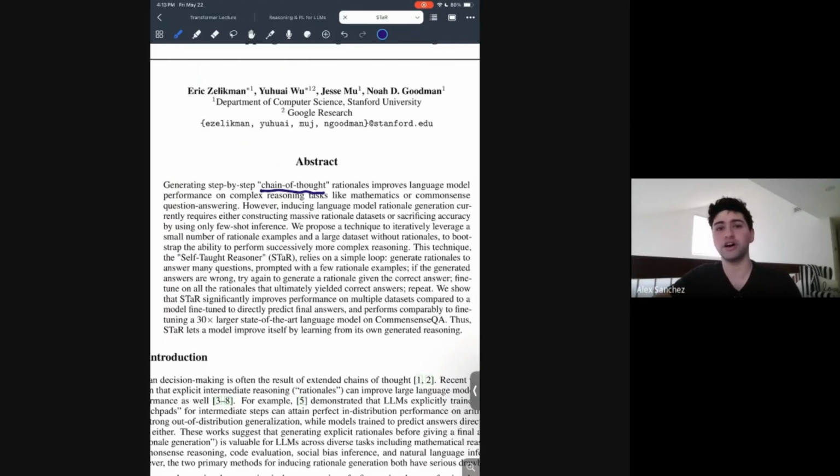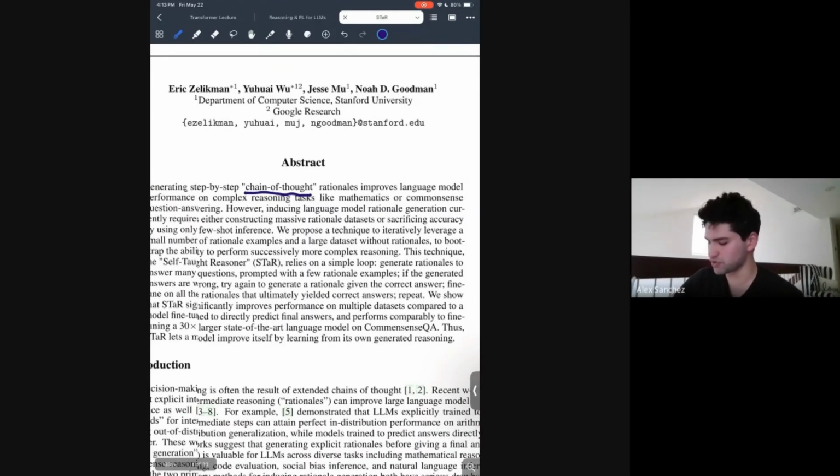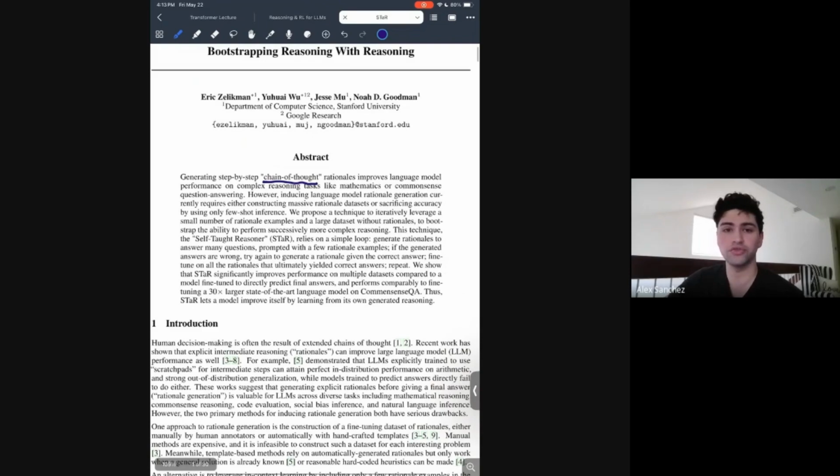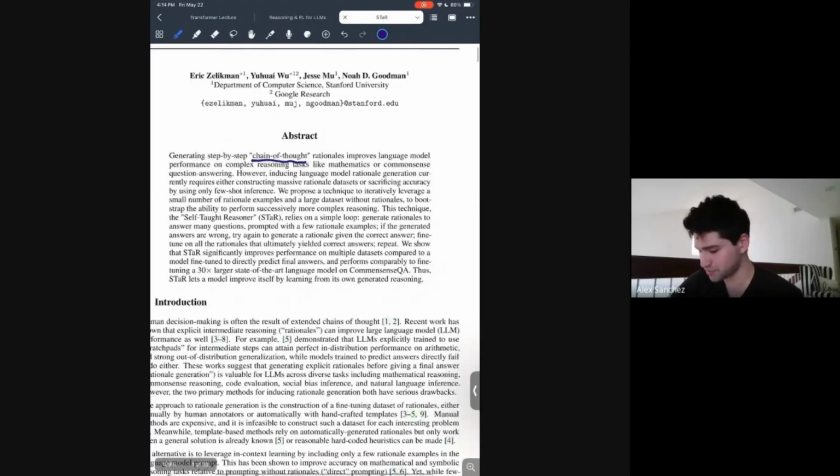It's not trained on that chain of thought reasoning, it is just in a conversation. This paper tries to find a way to actually teach a model, and have a model trained through backpropagation, updating the weights using this chain of thought rationale concept.